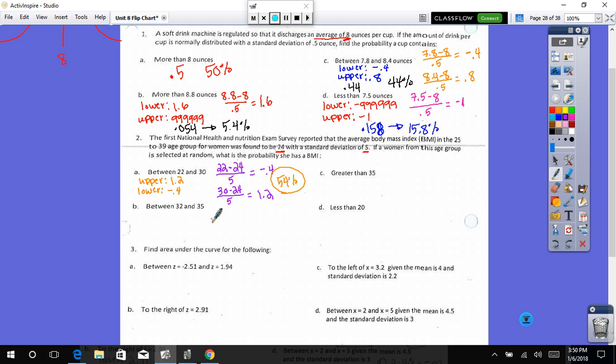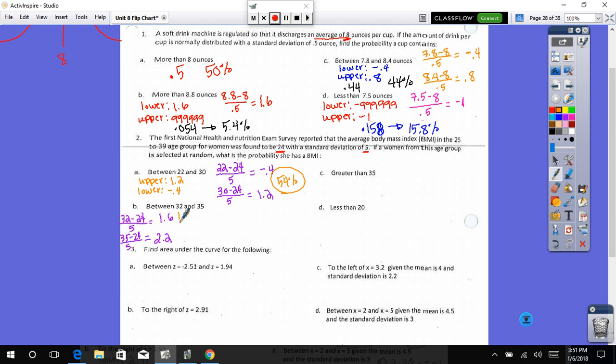Okay, next one between 32 and 35. So I have 32 minus our 24 over 5, and then 35 minus 24 over 5. That's going to give us our two z-scores: 1.6 and 2.2.